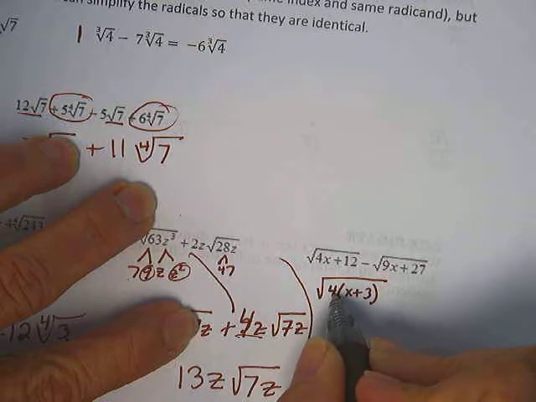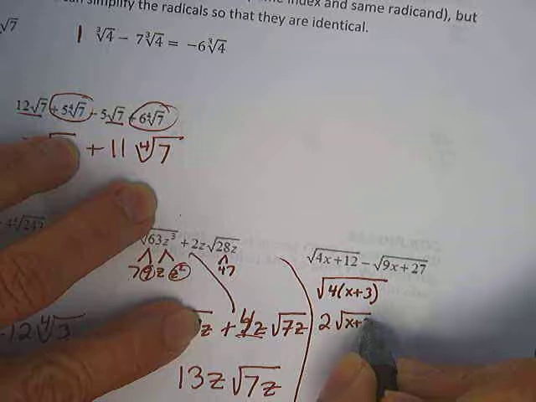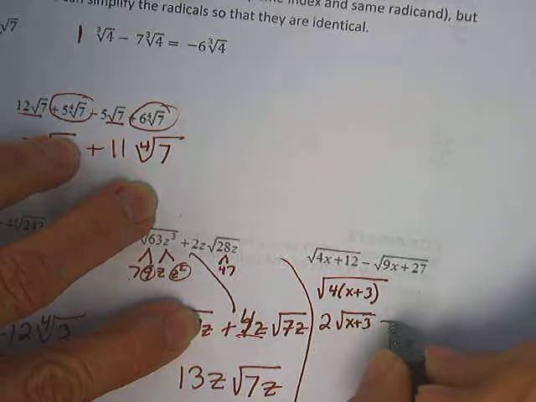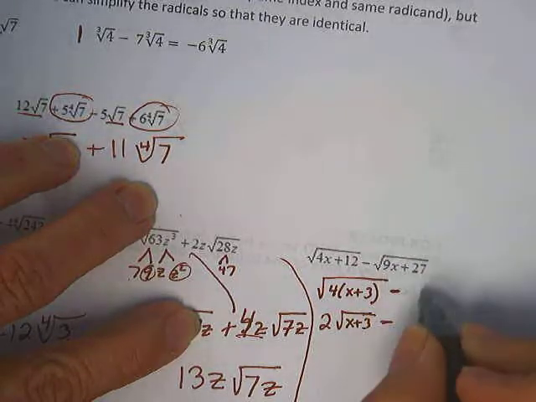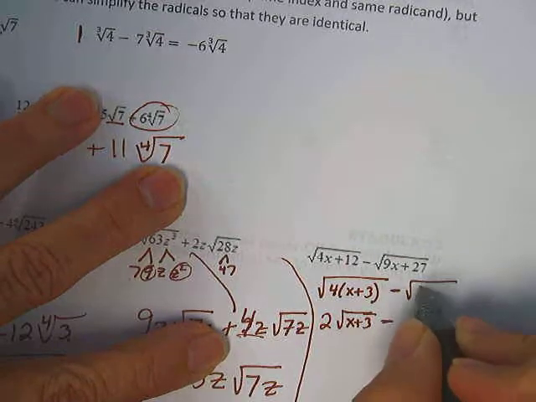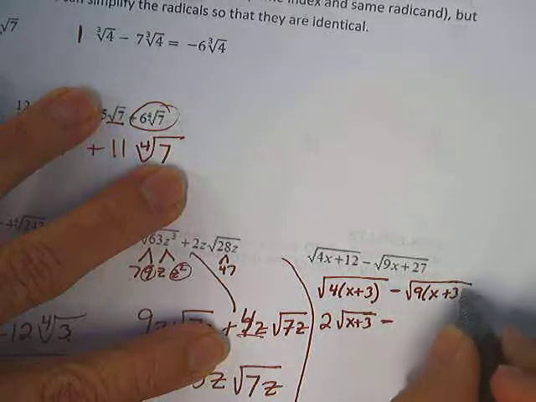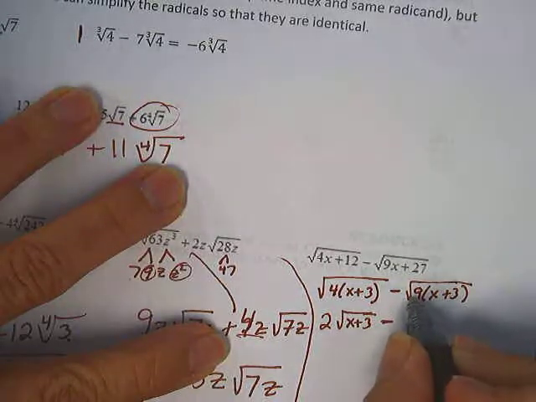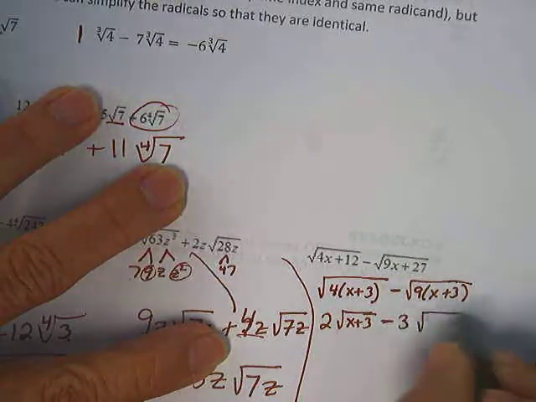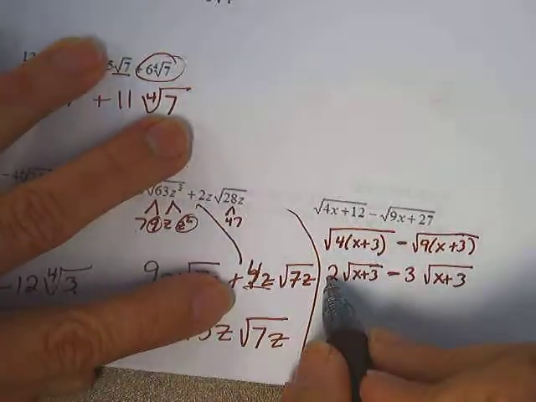The square root of 4 is 2, so I'll pull that out as 2 square root of x plus 3 minus, looks like we can simplify this. 9 goes into both things, so 9 times x plus 3. Oh, this looks like it's going to work nicely. Square root of 9 is 3, and we leave the x plus 3 underneath our radical.